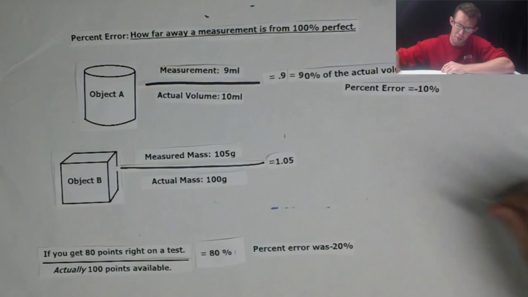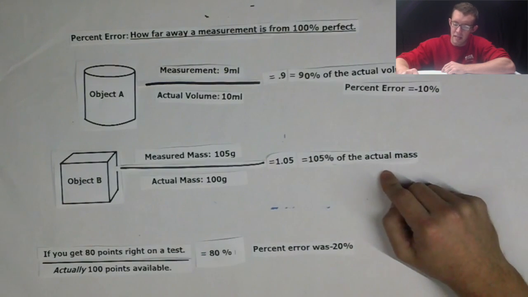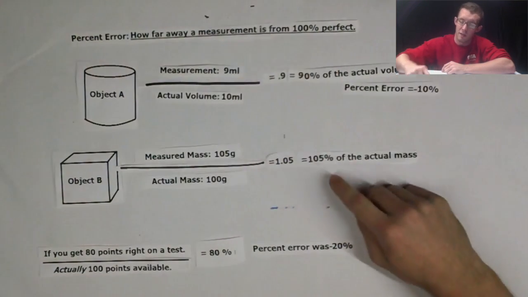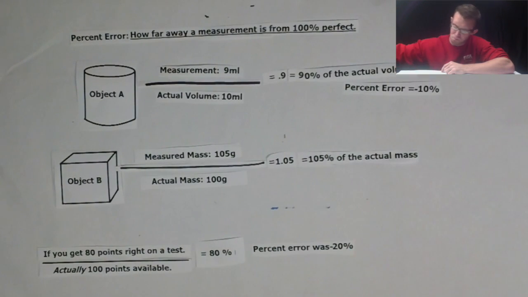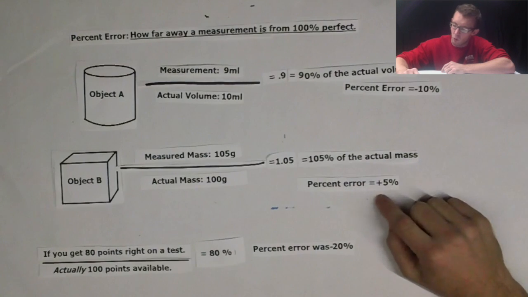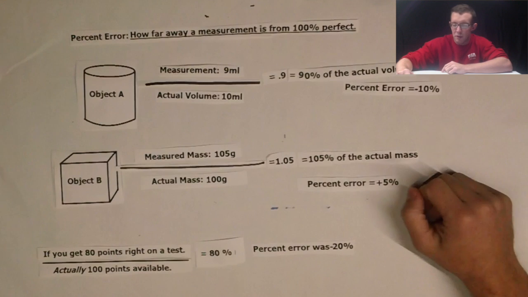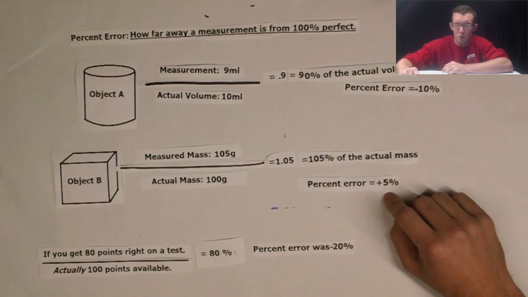We find out that our measurement was actually 105% of the actual mass. So our percent error, how far away our measurement was from 100% perfect, well, we got 105%. We were actually too high. Our percent error was 5% too high. Generally speaking, scientists consider their measurements accurate if they're within 5%.